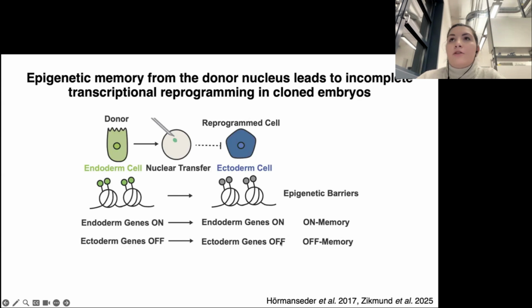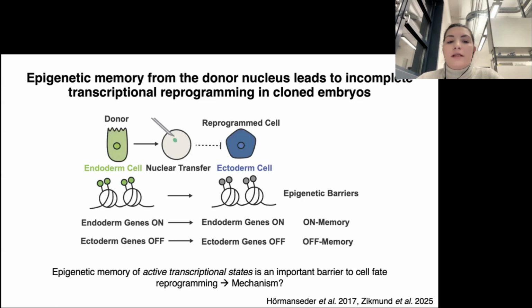And this is something that is known as off memory, while something that has been the focus of our group is the memory of an active transcriptional state. So when we look at genes that are specific to the starting cell type and persist their expression in the wrong cell types of the cloned embryo, this is something that we have termed on memory.